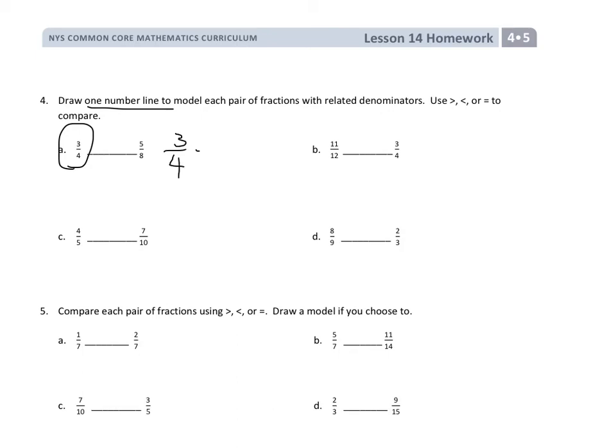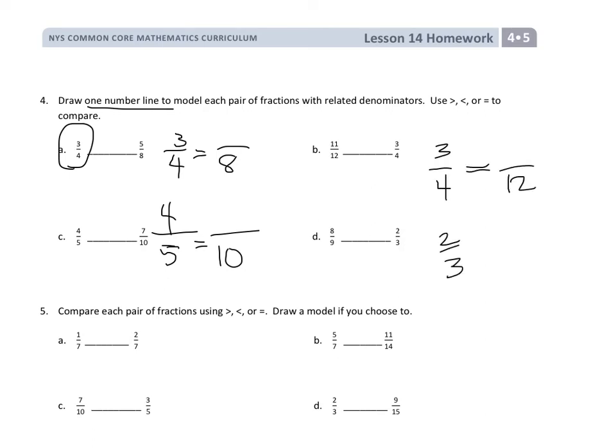Turn fourths again into eighths. Here, turning fifths into tenths. So the students can use a number line, or they can just use the mathematical practice of making an equivalent fraction. Make fourths into twelfths and make thirds into ninths. Once they do that, they'll have the same denominator in their problems, and then they'll just be able to compare.